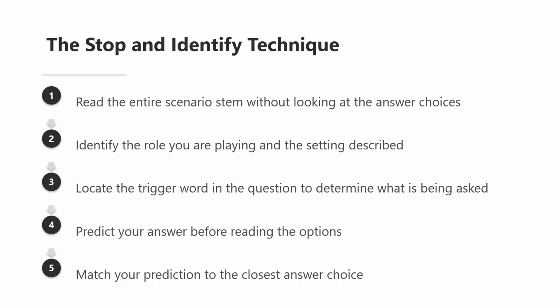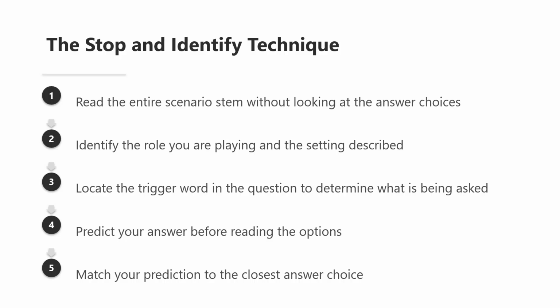Third, locate the trigger word in the question. Words like first, best, priority, most appropriate, and next step each signal a specific type of reasoning. We will explore these trigger words in detail on the next slide, and they are going to make a huge difference for you.